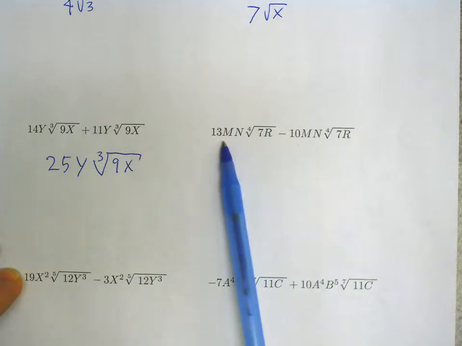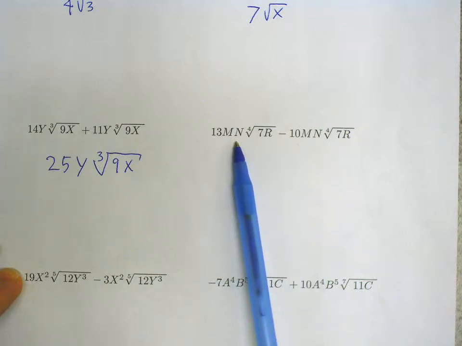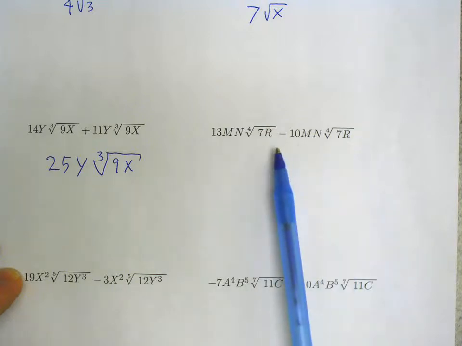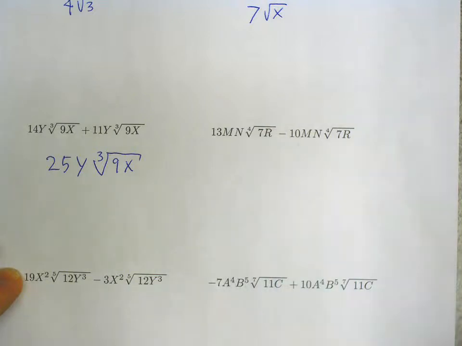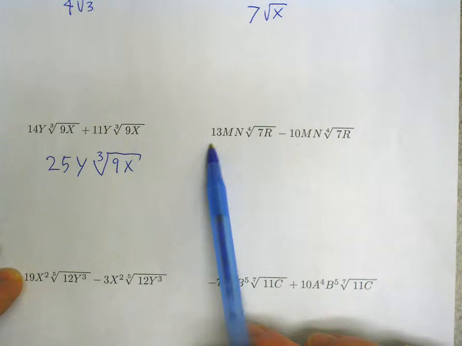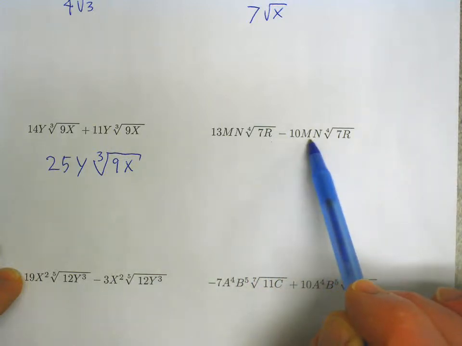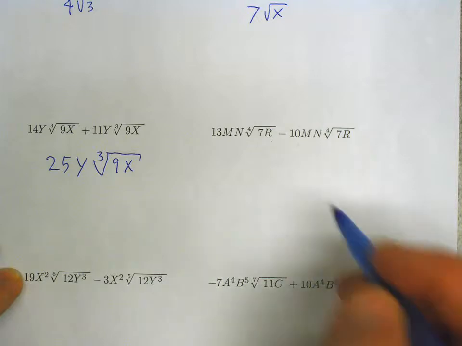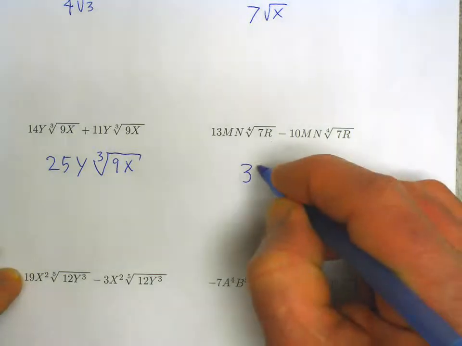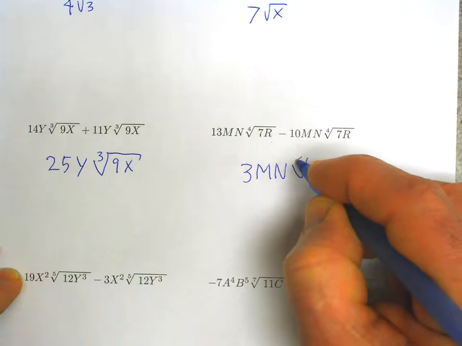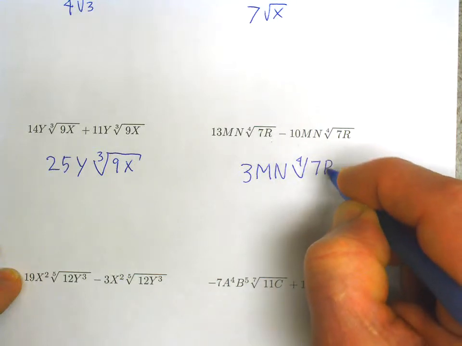And so the variable parts outside of the radicals are identical and the radicands are identical. So we can combine by subtraction. So we have 13 of those minus 10 of the same kind. So we simplify that to 3 times m times n times the fourth root of 7r.